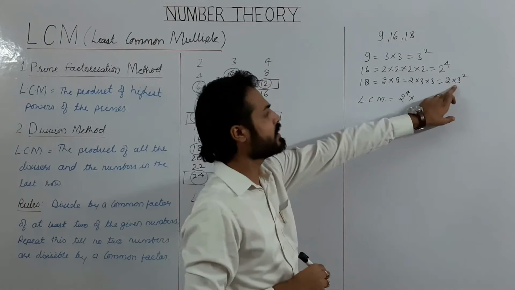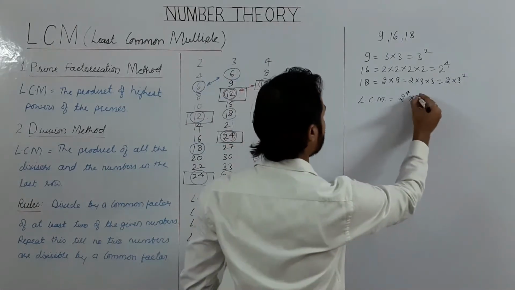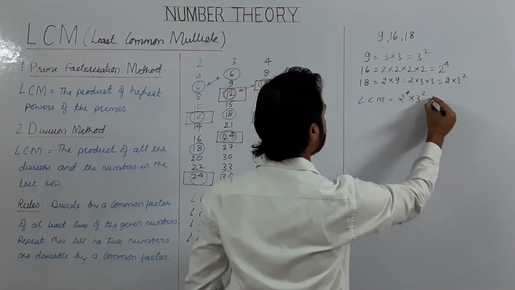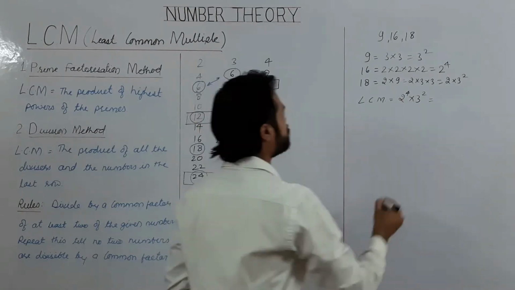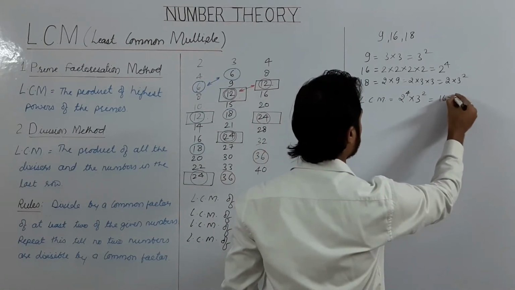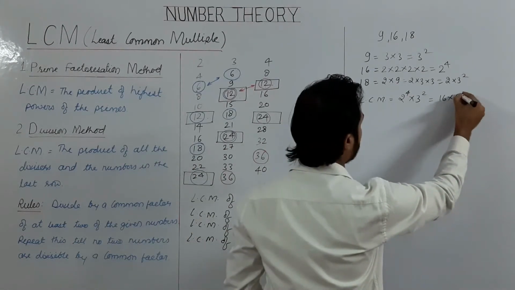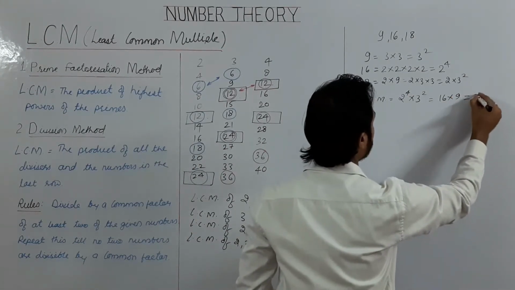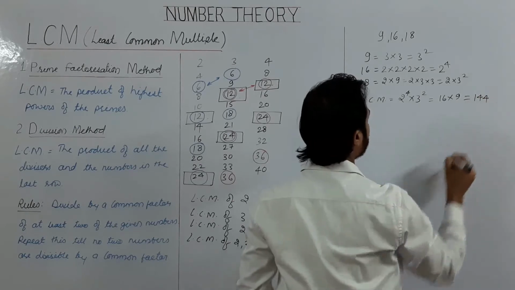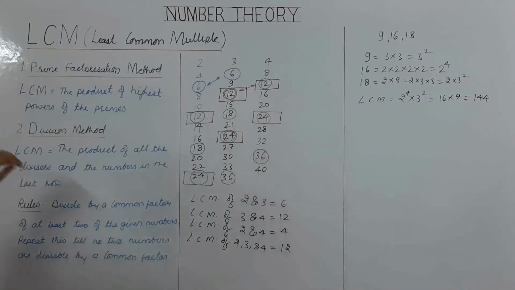Second number is 3, highest power of 3 is 3 to the power of 2. 2 to the power of 4 means 16, into 3 squared, which is 9. 16 into 9 is 144. So 144 is the LCM of 9, 16 and 18. So this is the first method of prime factorization.